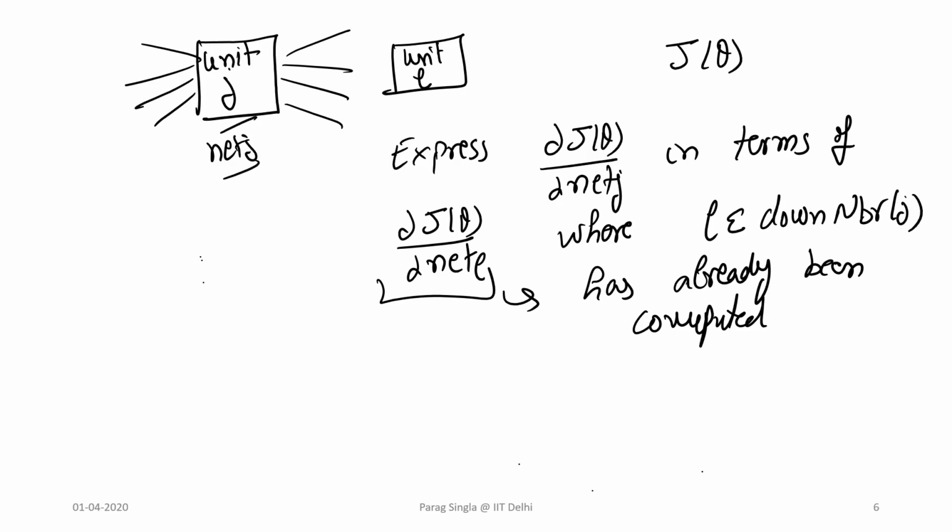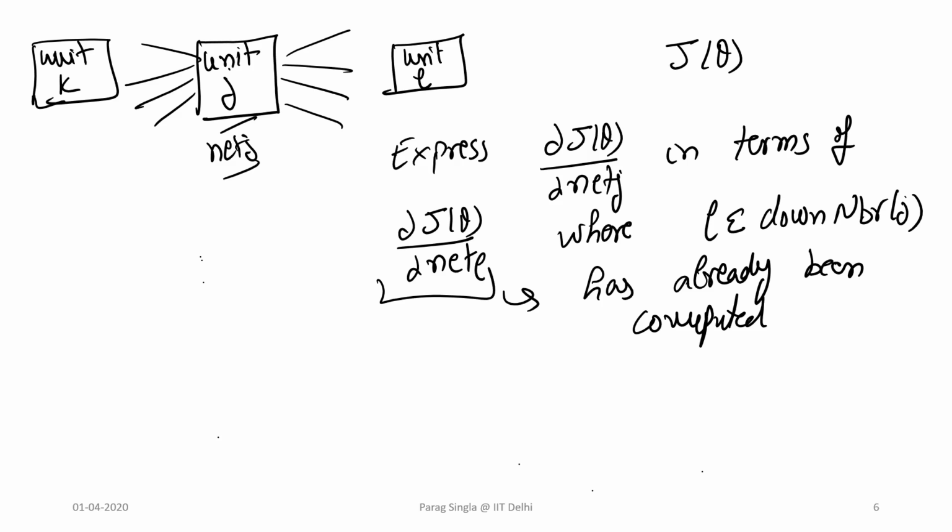We also might need, we'll just keep it aside, units k, which are units in the immediately preceding or upstream layer. So for unit j, the immediately preceding layer has units denoted by indices k, and the immediately following layer has units denoted by indices l.